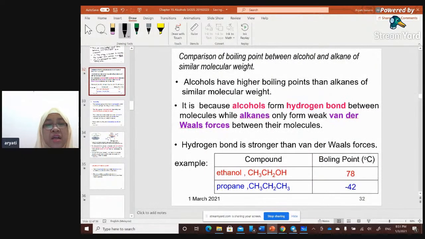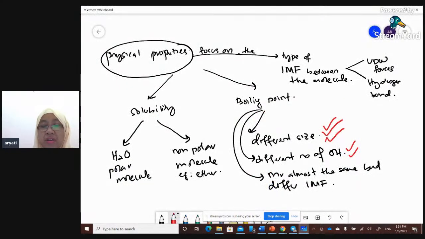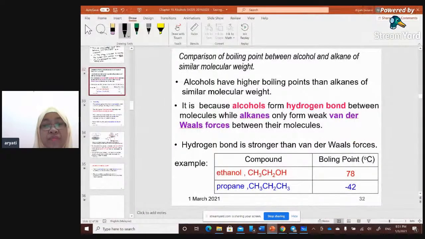Okay, next. Compare boiling point between alcohol and alkane of similar molecular weight. So this is the MR almost the same but different intermolecular attractive forces. Alcohol has higher boiling point than alkane of similar molecular weight.